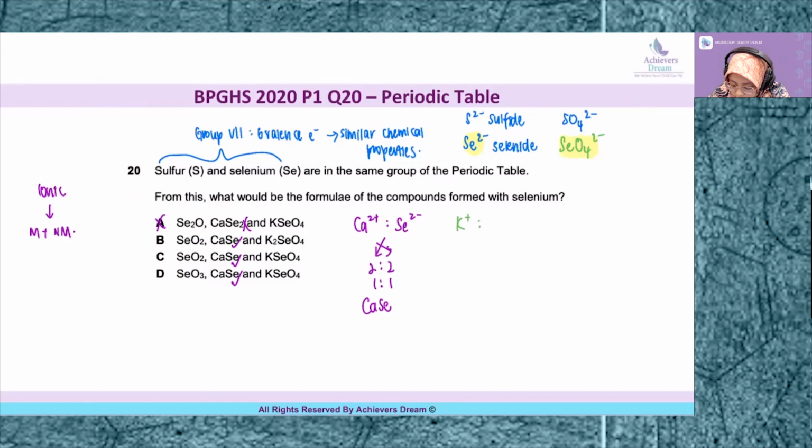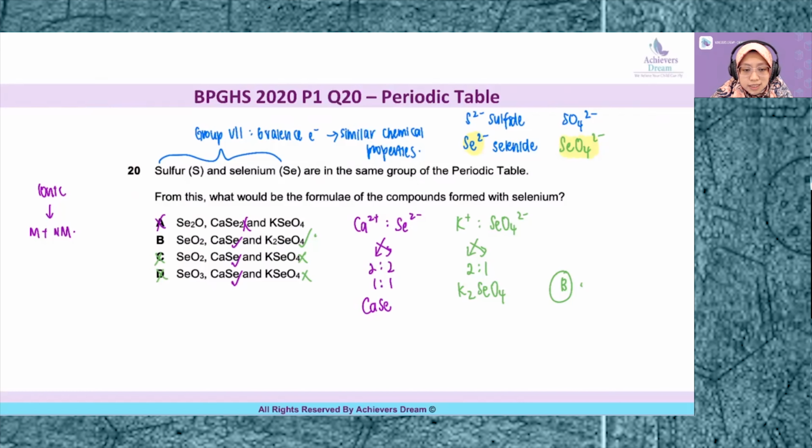Based on the formula of the selenate ion that we found, SeO4 2 minus, from the cross method, it is 2:1. So the formula of potassium selenate is K2SeO4. Hence, your answer will be B, because C and D give the wrong formula of potassium selenate.